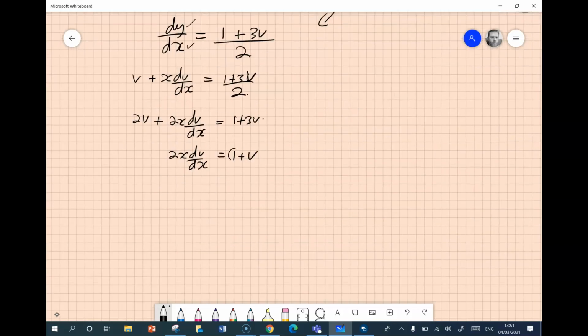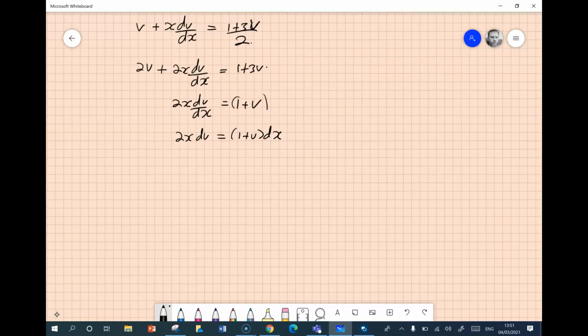Alright, nearly there. So now I'm just going to get rid of this dx underneath the line and see what it looks like. dx is dividing, so when it comes across it'll multiply. Okay, but that doesn't quite work because I need my v's with my dv's, not the other way around. But 2x is multiplying, so when it comes over it divides, and 1 plus v is multiplying, so when it comes over it divides. So dv over 1 plus v is equal to dx over 2x.